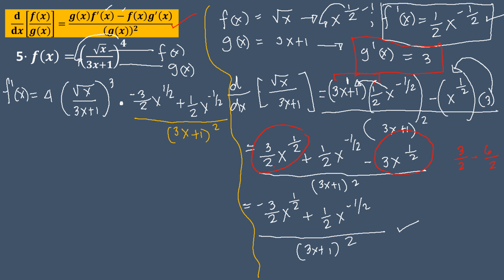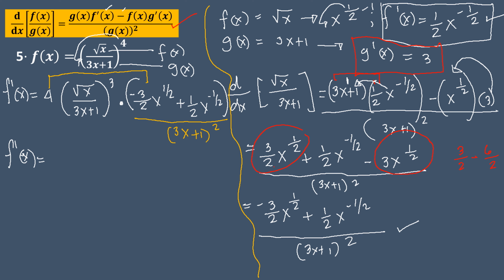So for this, we can now simplify further by multiplying the 4 in here. The 4 can be distributed to the terms here.